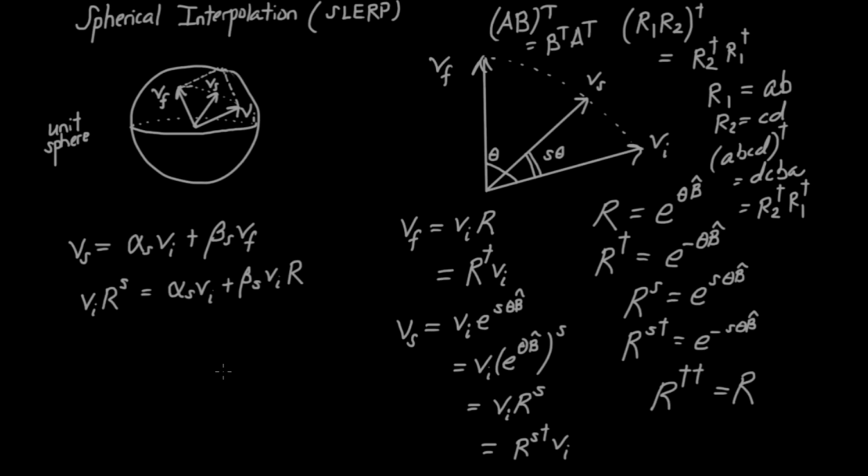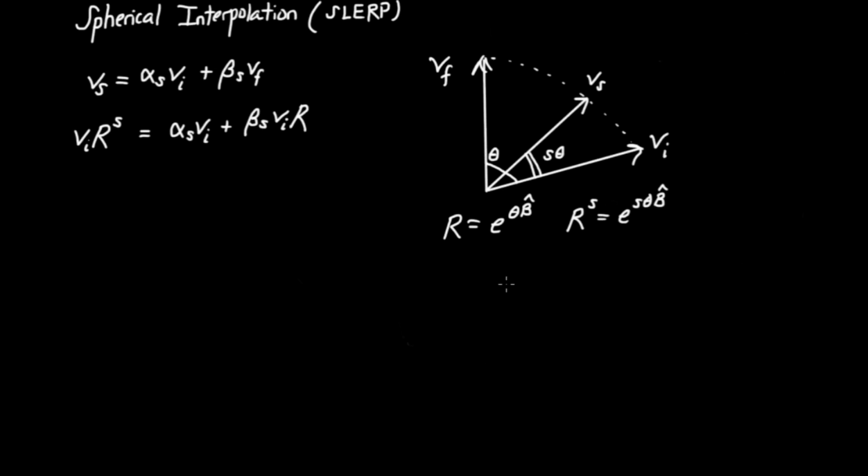So let me clean this up a little bit. I've erased a few things and just moved this new equation up to the top here. What I'd like to first focus on is solving for alpha sub s to find that right first coefficient in front of VI. The problem is I have this other unknown here, but I'm going to use one very nice property of the wedge product, which you'll remember: if I take a vector wedged with itself, that's equal to 0.